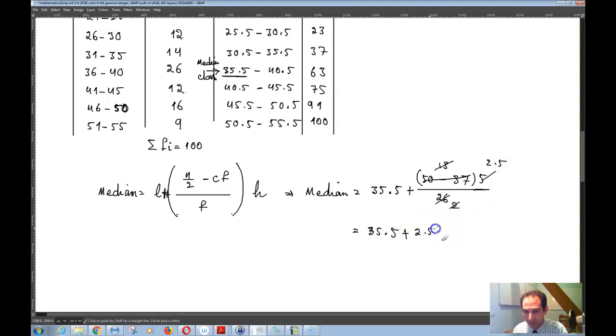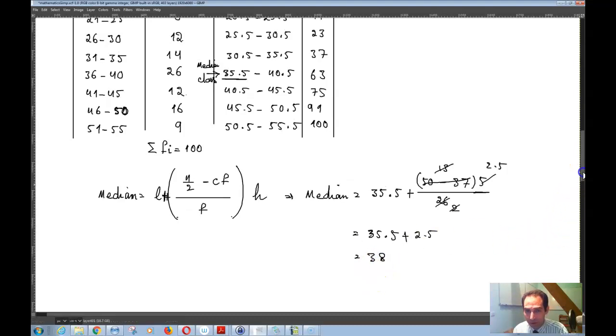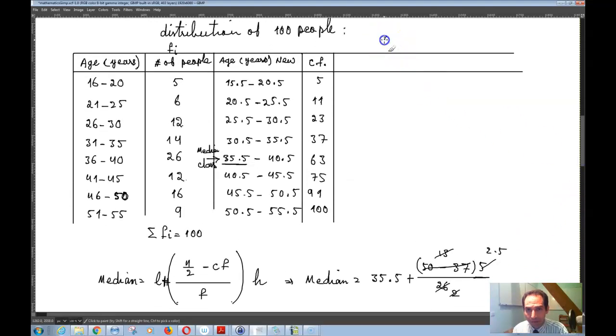So 35.5 plus 2.5 is 38. So your median is 38. So the median age is equal to 38.